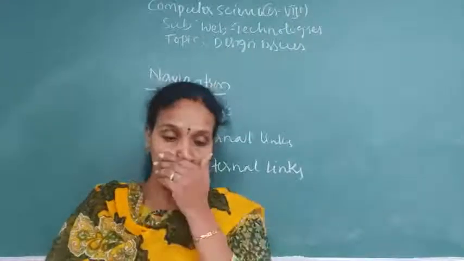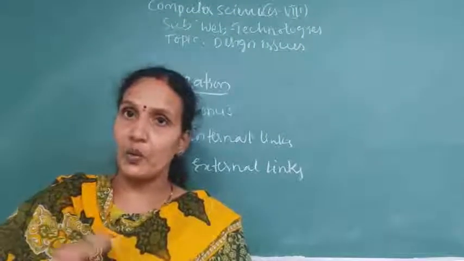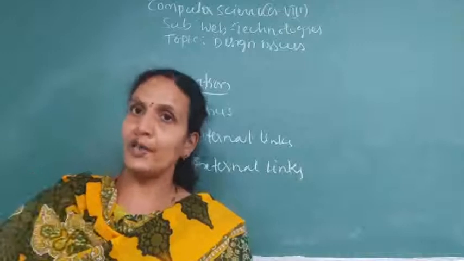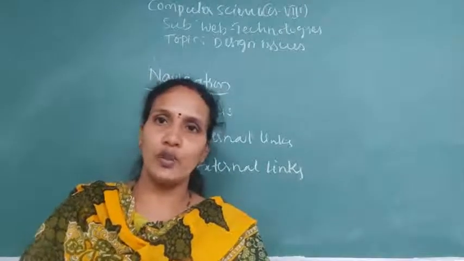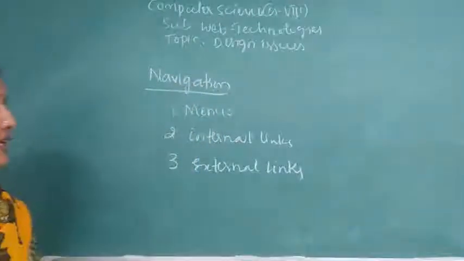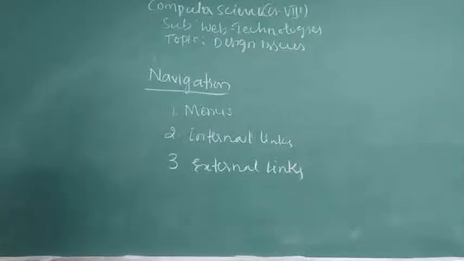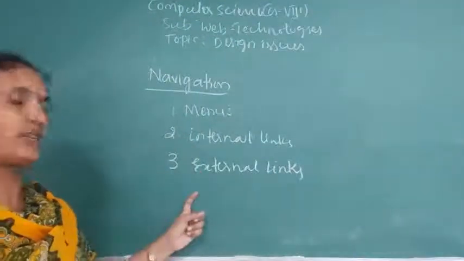So what is navigation? Navigation is nothing but moving from one page to another page, one website to another website, and one website to another page. Different places you can move to from a current place, that is nothing but navigation. So in web designing, navigation is possible by using three things: one is the menus, the second is the internal link, and the third is the external link.